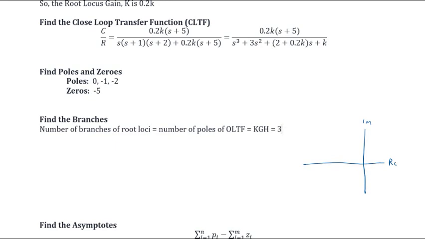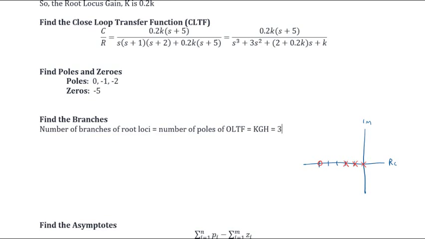I've got poles at 0, -1, and -2, and a zero at -5. So we'll go 1, 2, 3, 4, and 5. Then we'll draw in the poles and zeros in red. We have a pole at 0, a pole at -1, a pole at -2, and then a zero at -5 right there.